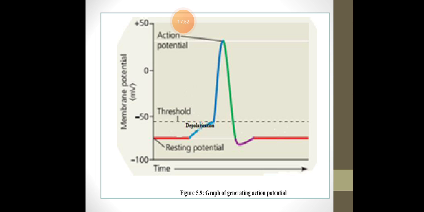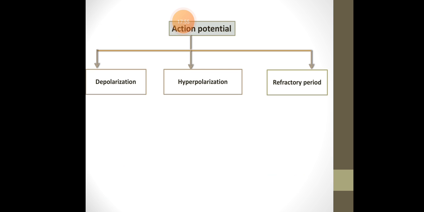So what is the third one? Hyperpolarization. Hyperpolarization means that sodium channels are closed, so sodium is not permitted inside the cell, but potassium channels are open. As a result, the inside of the membrane is more negative.